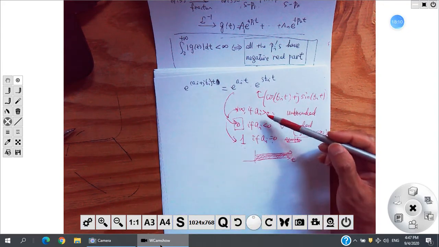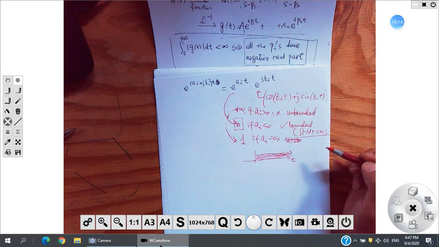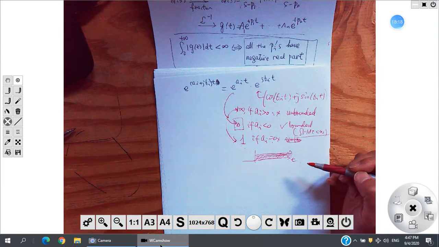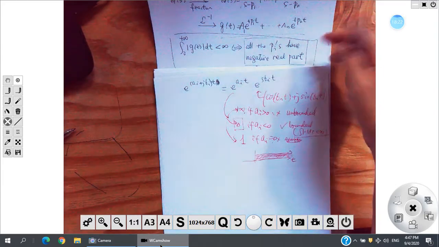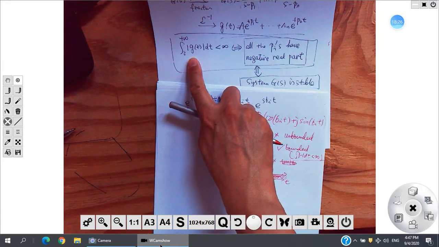So these two cases, you cannot find the stable. Only this case makes the system stable. So this condition: the integration of the impulse response smaller than infinite.